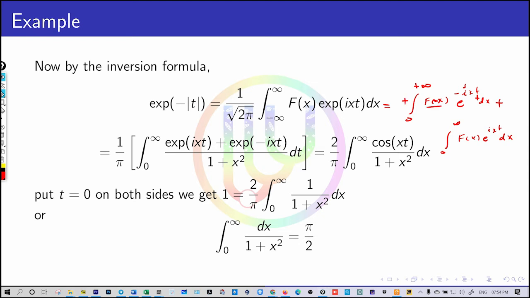Here f of minus x, since f of x is even, this f of minus x is equal to f of x itself, right? So therefore this is f of x itself. So we have obtained a minus sign here. Look, that is what is in the second term. In the second term also we have e raised to minus i x t.